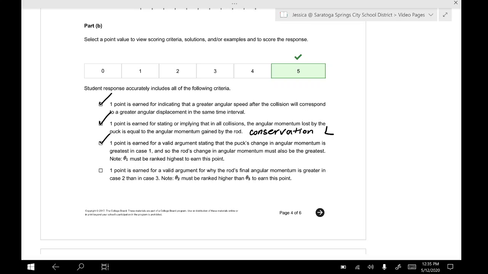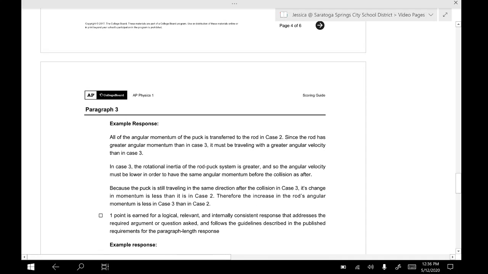And then you get 1 point for a valid argument about why the rod's angular momentum is greater in case 2 than in case 3. Essentially, why does the stick lead to a lesser angular velocity than the stop? And then, of course, our last point is for a logical, relevant, and internally consistent paragraph. So you wrote a good paragraph.